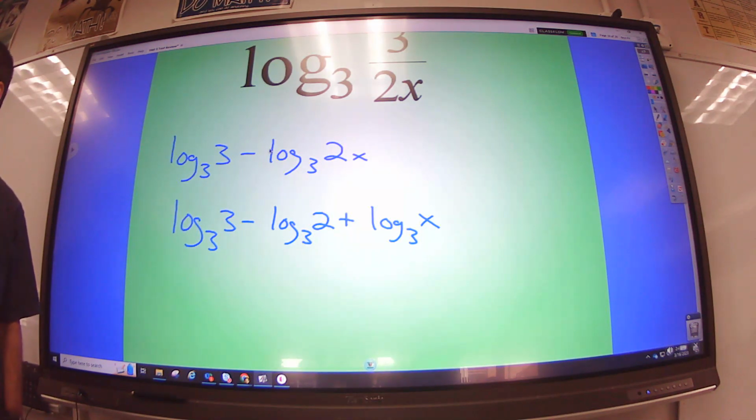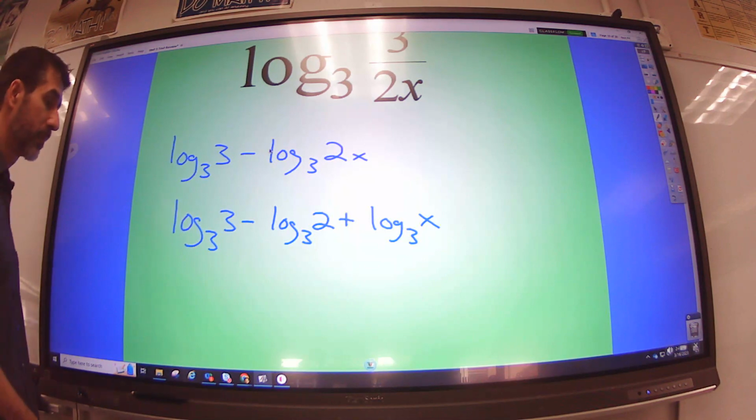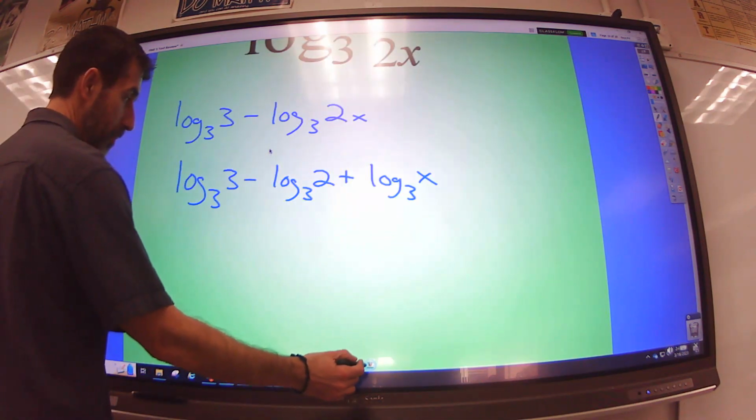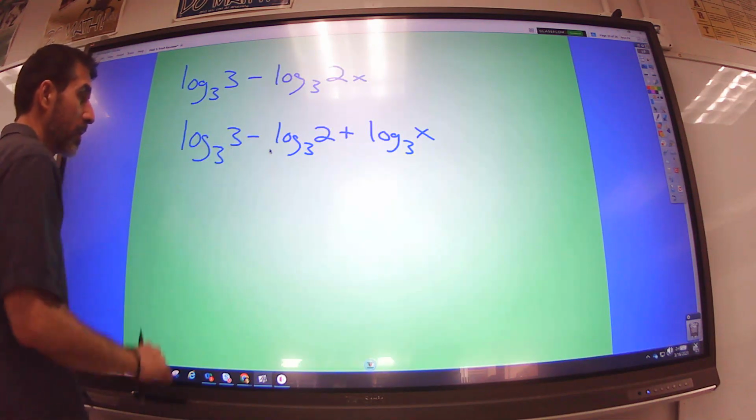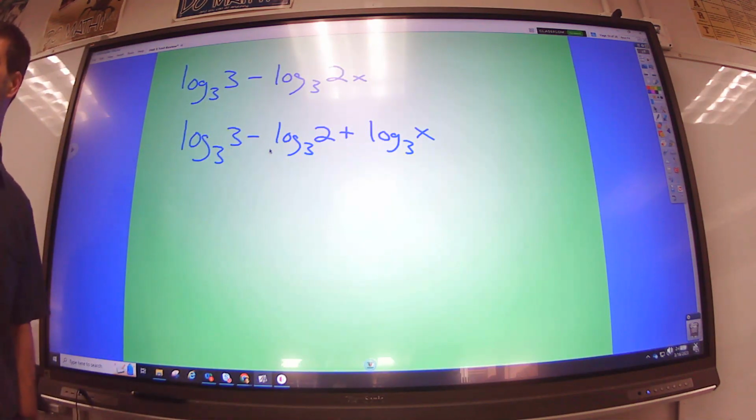What is log base 3 of 3 equal to? Log base 3 of 3 is 1. When the base and the answer are the same, we can write this as log base 3 of 3, switch it, and you can see that this is equal to 1.